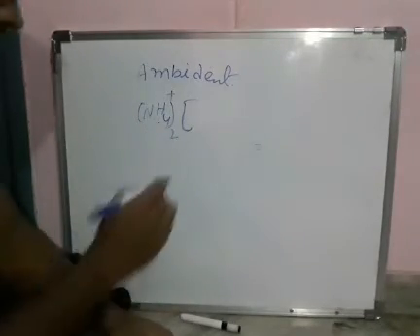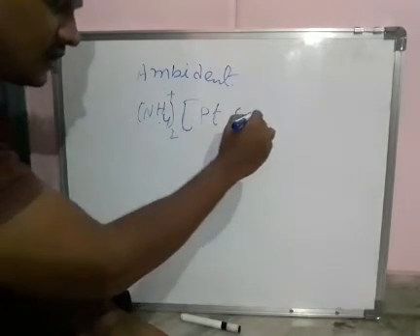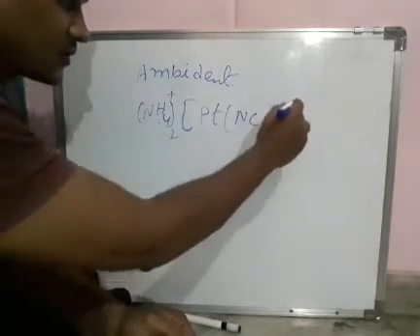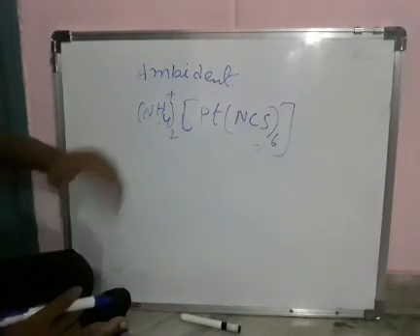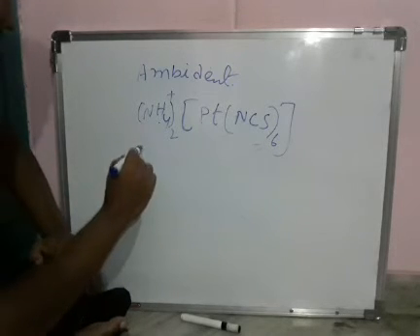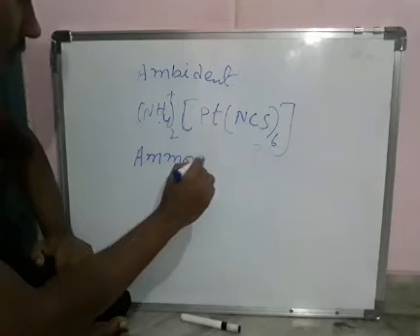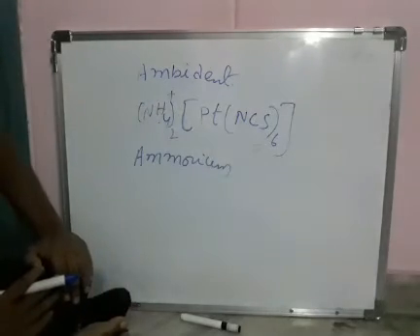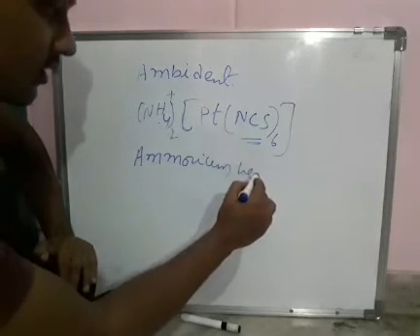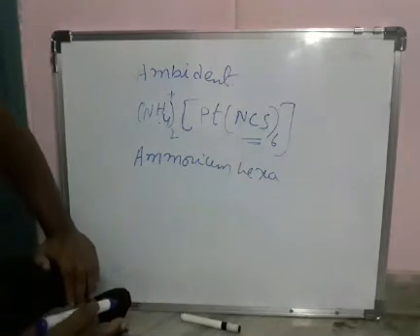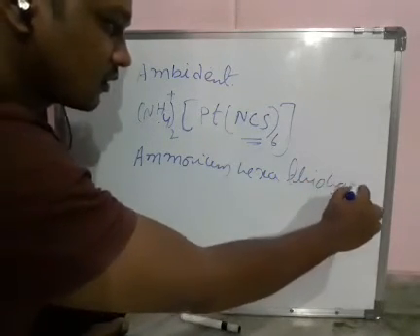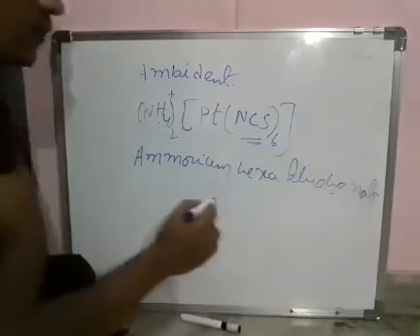Let's take another example: NH4 twice, Pt SCN, otherwise NCS, 6 times. Now how can we write the IUPAC name of this compound? Ammonium. Number of ligands, 6 ligands, hexa, thiocyanato.